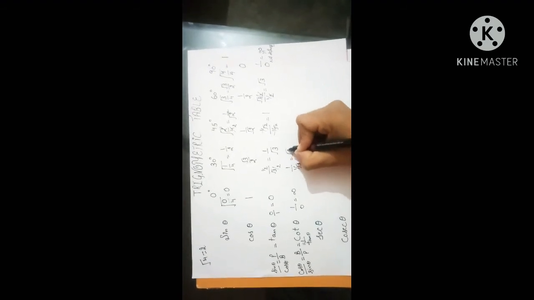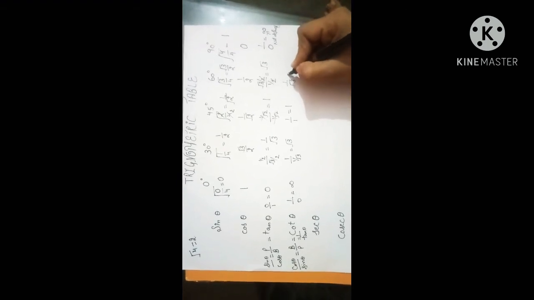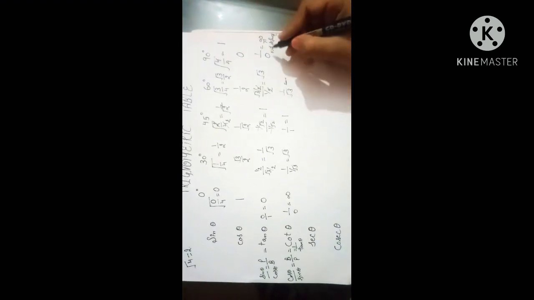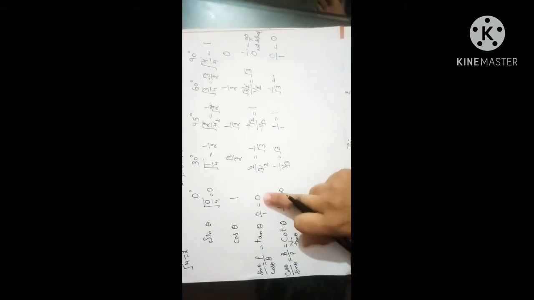That is 1 upon 0, we get infinite. 1 upon 1 upon root 3 is root 3. 1 upon 1 is 1. Next, 1 upon root 3 is root 3 reciprocal of this is 1 upon root 3. And the reciprocal of 1 upon 0... the last is 0 upon 1, that is 0. It means if tan 90 degree is not defined, then cot 90 degree is 0.